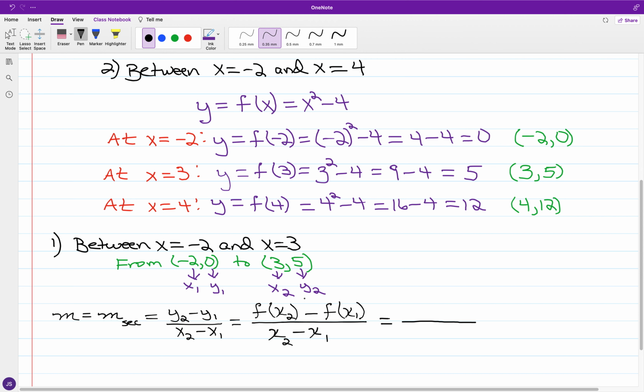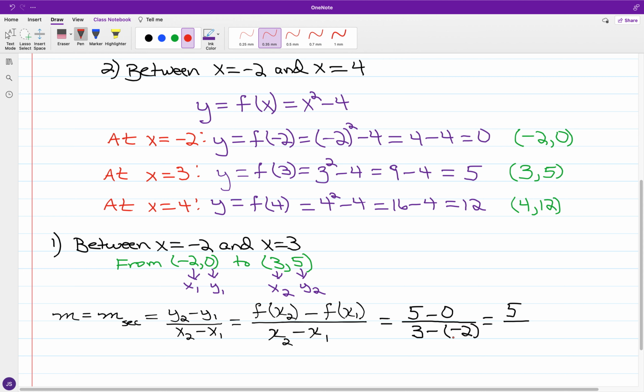Okay, so for y of 2 minus y of 1, y of 2 is at 5. We have minus y of 1, which we have at 0. For x of 2 minus x of 1, x of 2 we have at 3. We have minus x of 1, which we have at -2. And we have 5 minus 0 is 5.